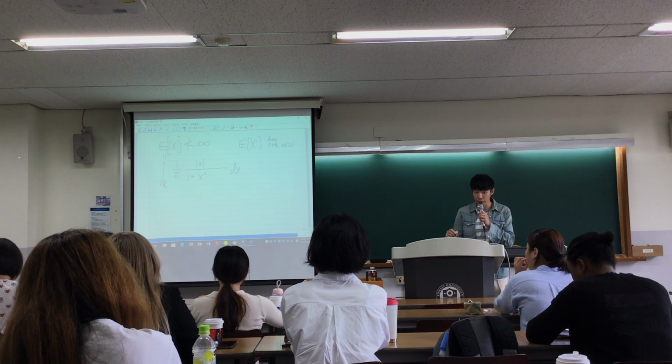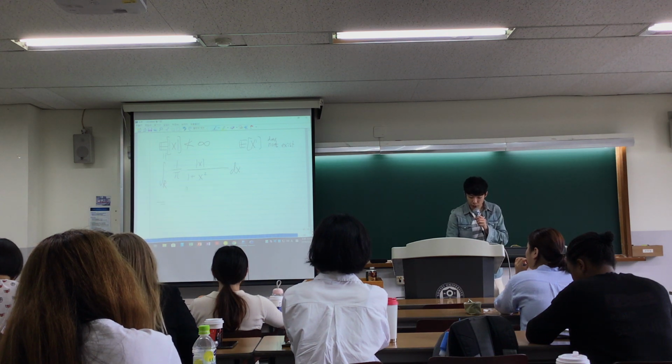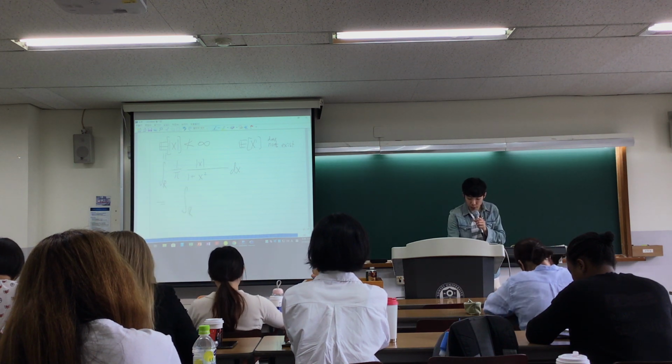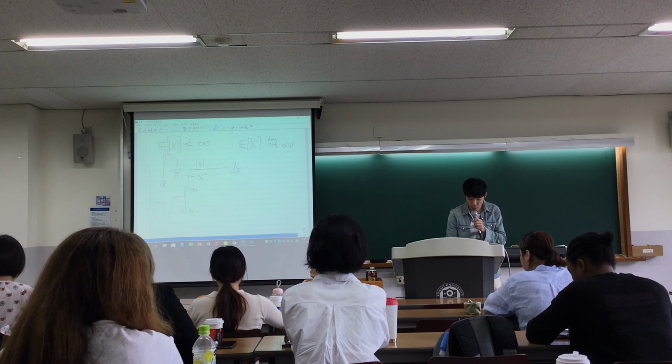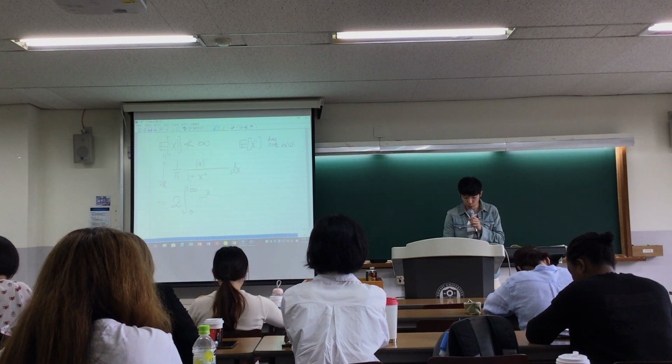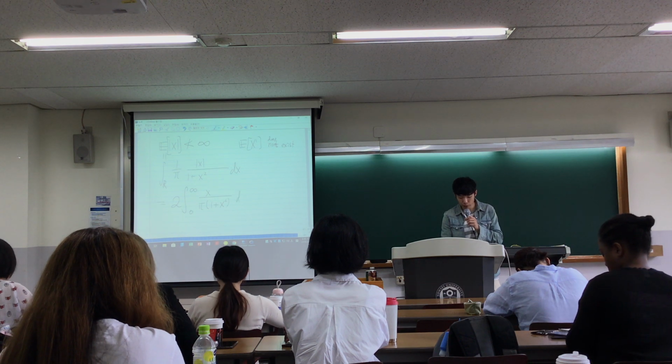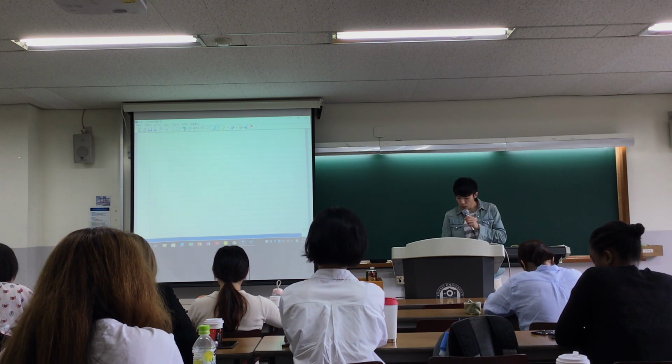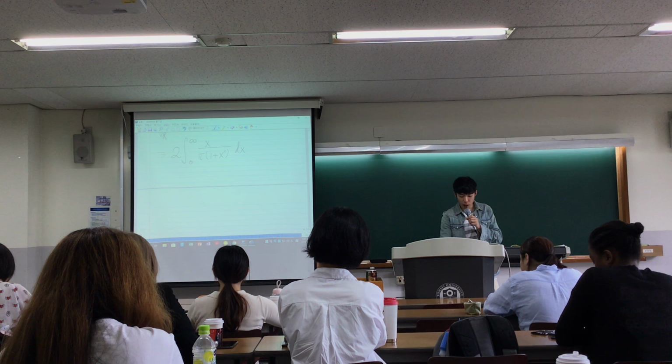But if we do the absolute value, then this is the same as not from negative infinity to infinity, but from 0 to infinity, but twice of that, right? Of x over pi times 1 plus x squared dx. Remember how to differentiate log?